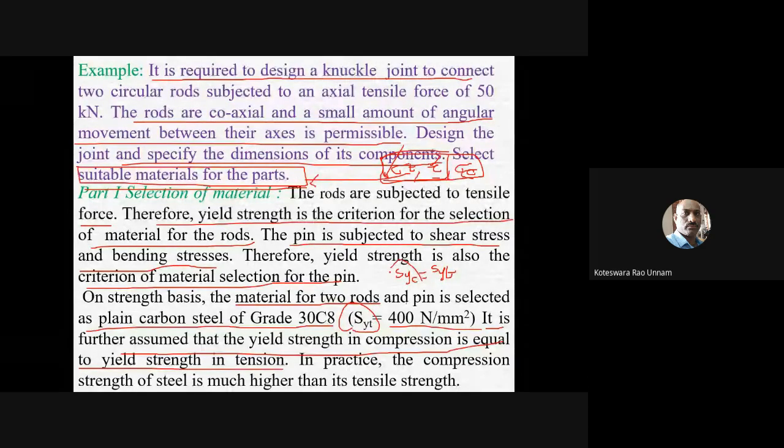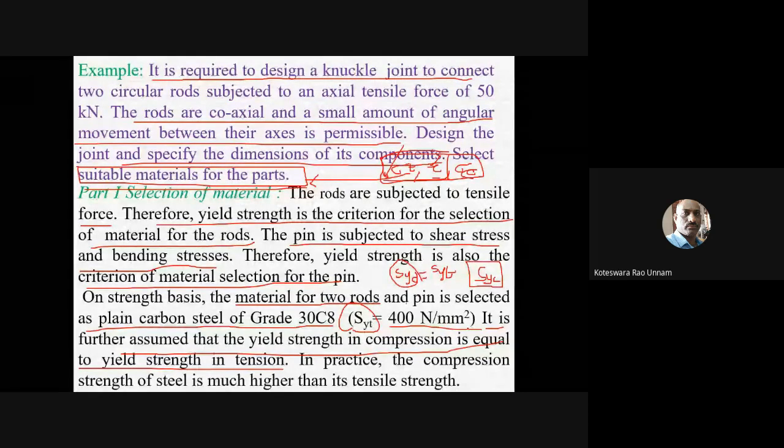Once you have the SYC value, you can calculate sigma C, which is SYC by factor of safety. In this particular problem he made that assumption, but you cannot always take it like that. Since you have a data book with you, if the SYC value is given for the material you have picked, you can take SYC from there and apply the factor of safety to get the sigma C value.